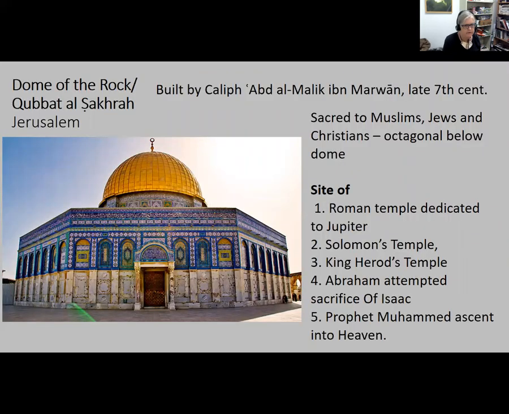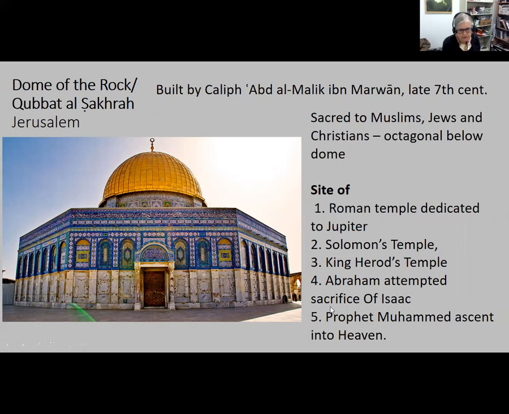So like I said, there are other domes around the world. A really important one is the Dome of the Rock, or the Kubbat al-Sakhar, in Jerusalem. This was made by Caliph Abd al-Malik ibn Marwan, and it's sacred to Muslims, Jews, and Christians.